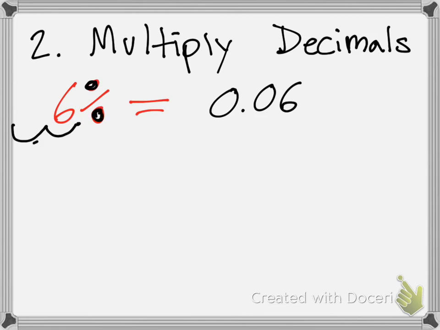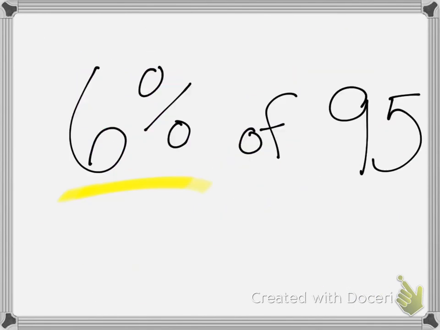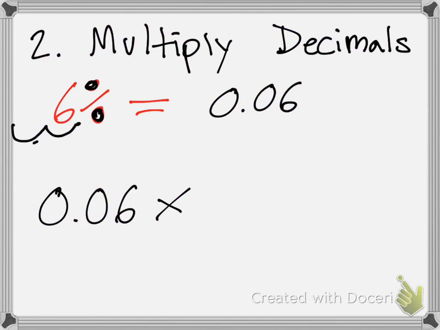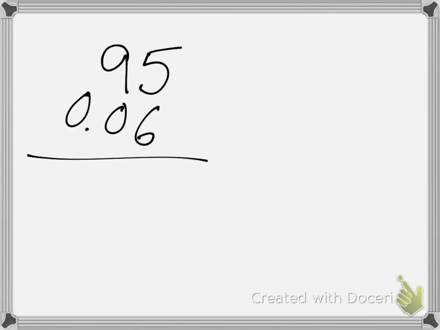Then all we do is 0.06 times that number that we're trying to get, 95. Now the easiest way to do that, we have to set up our multiplication. We have 95 on the top and then 0.06 on the bottom. Whenever we're multiplying, even with decimals, we always line them up on the far right side. When we multiply with decimals, we need to move our decimals over, but we will move our decimals back the same amount of places.